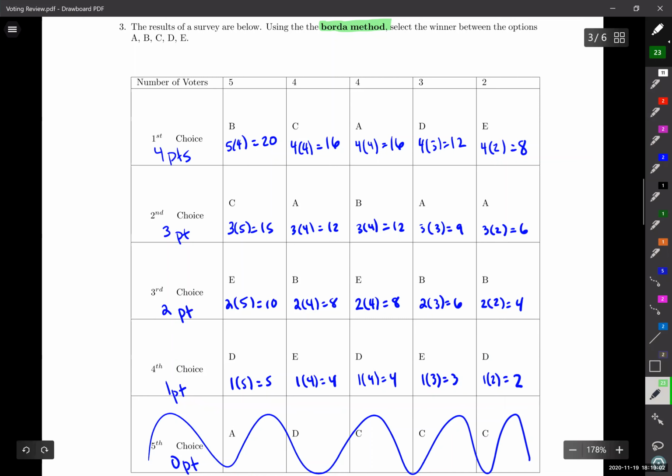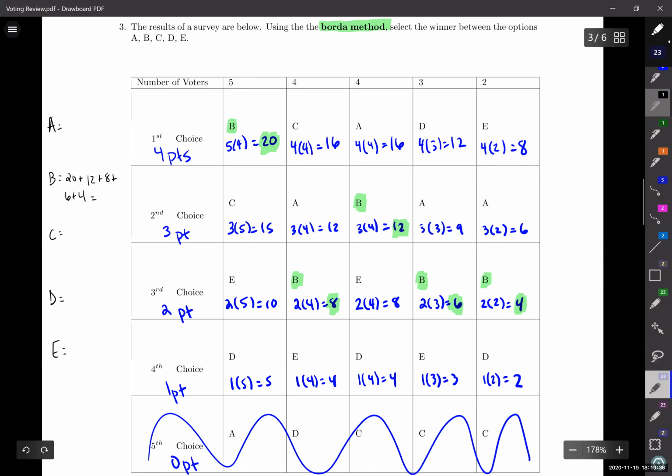So all the B votes, the votes for C. And a lot of C's were at the end. C didn't have too many votes.